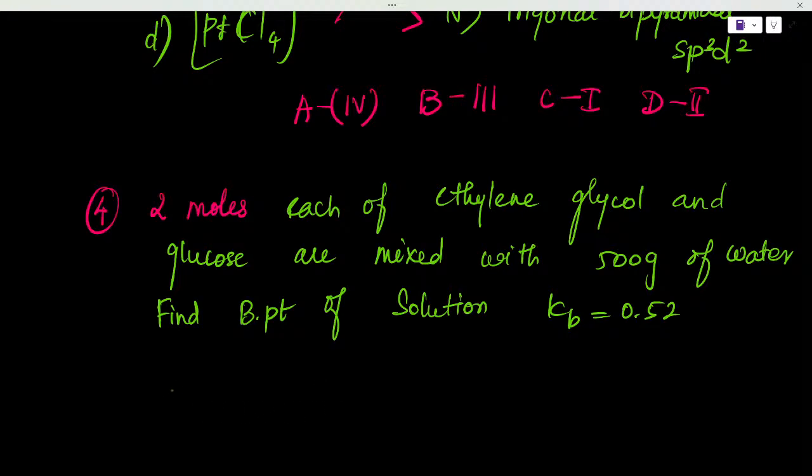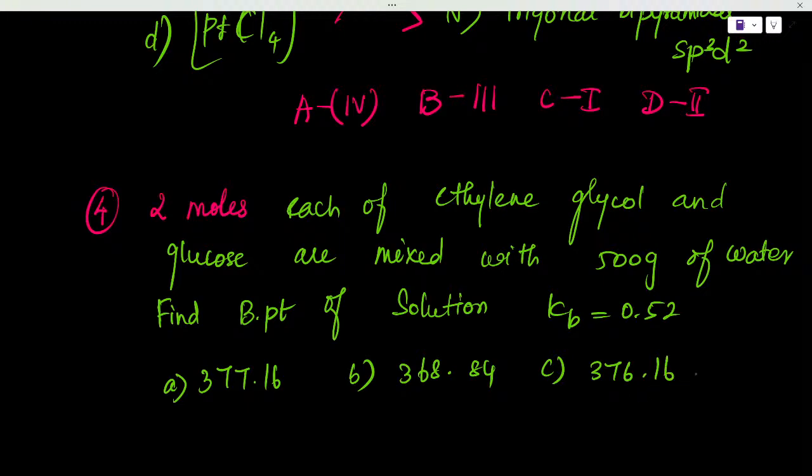Okay. So the options are very close to each other, no other way, we have to calculate it. The calculation, trust me, would be very simple. The options are 377, 376, 368, 376.16 and 369.84.